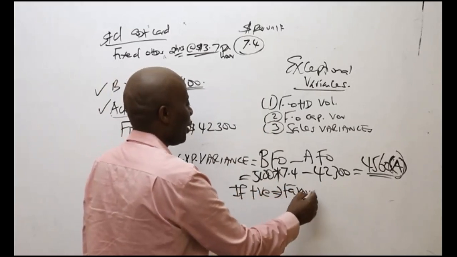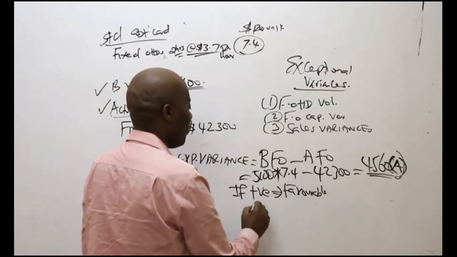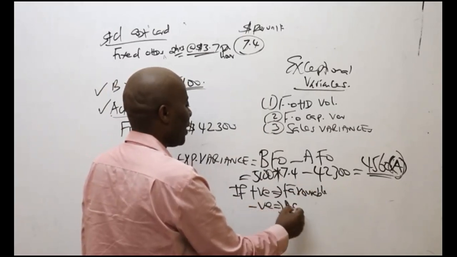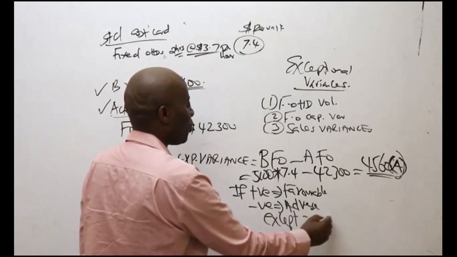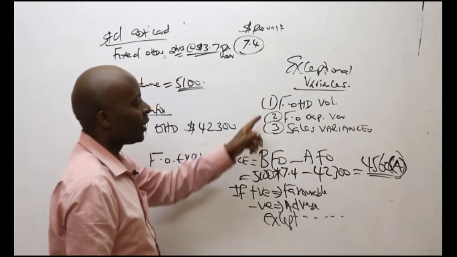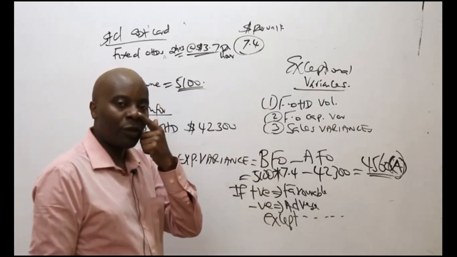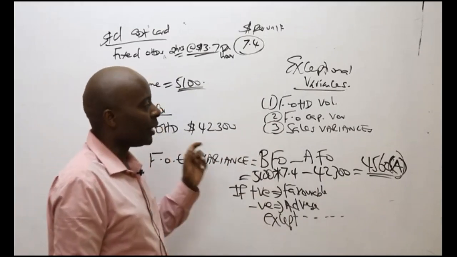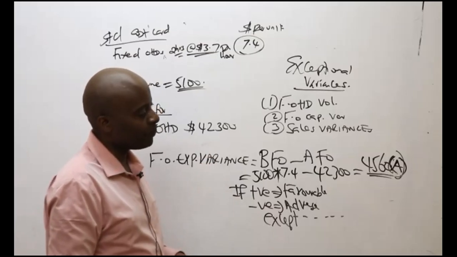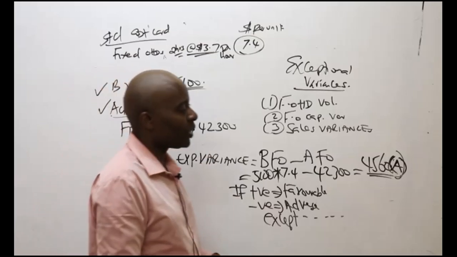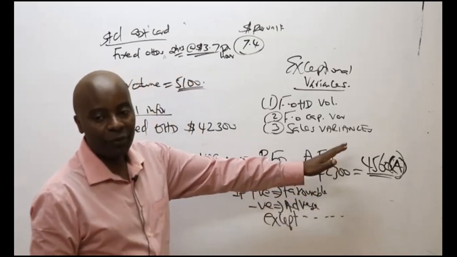If negative, adverse. Except what here, somebody? Except these three. Those three, normally, we interpret them in the opposite way. So 4560, adverse. So then Yvonne is correct, isn't it?